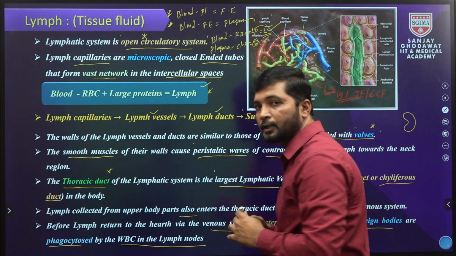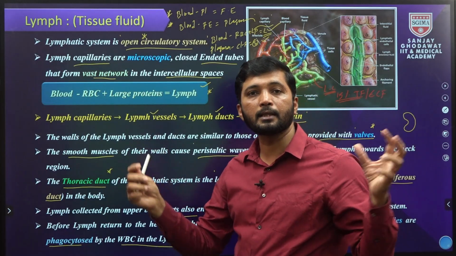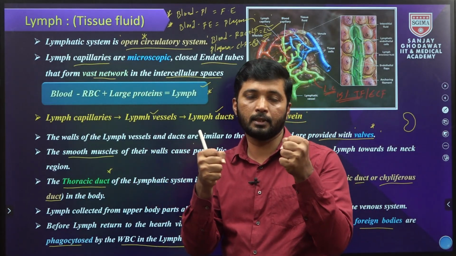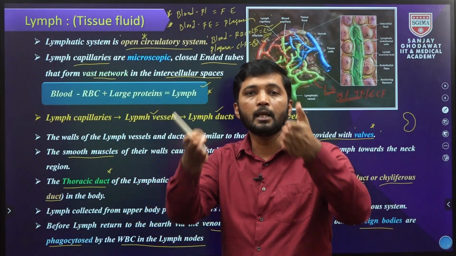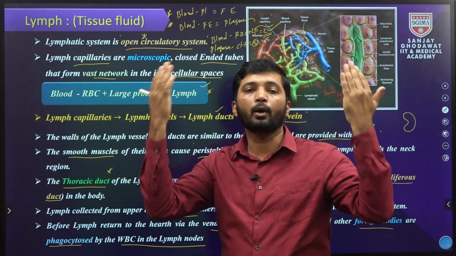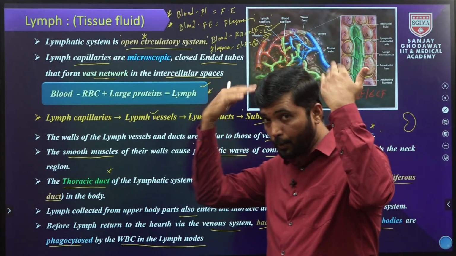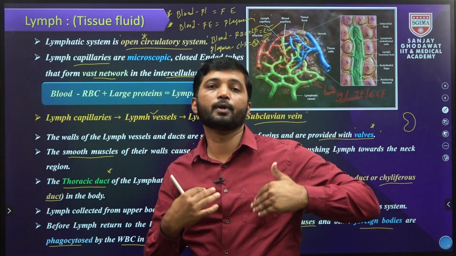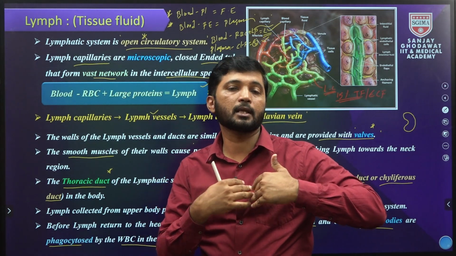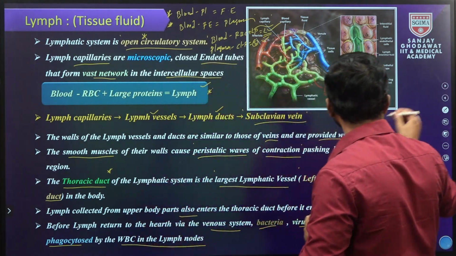And the smooth muscles, what is their function? They create wave-like peristalsis movements, which make the lymph move upward from the lower body parts. The upper body parts' lymph also moves towards the thoracic duct, towards the venous system.